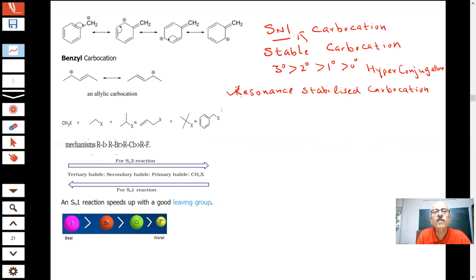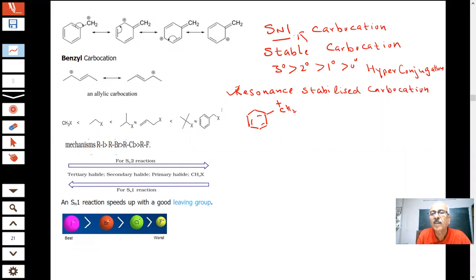We have listed here. What is the name of this carbocation? This is not benzene.